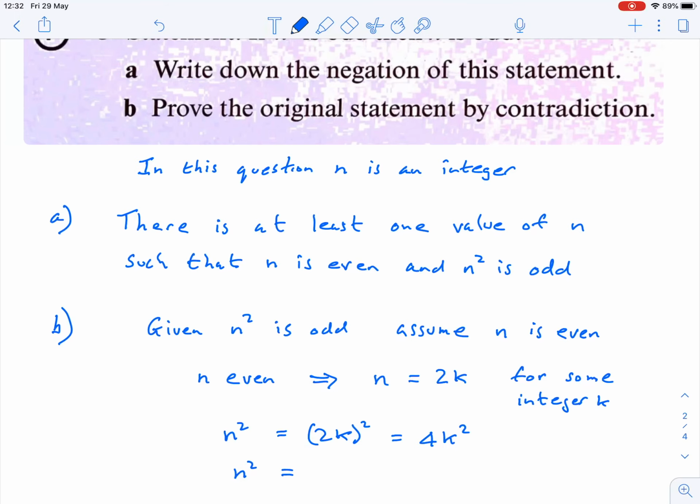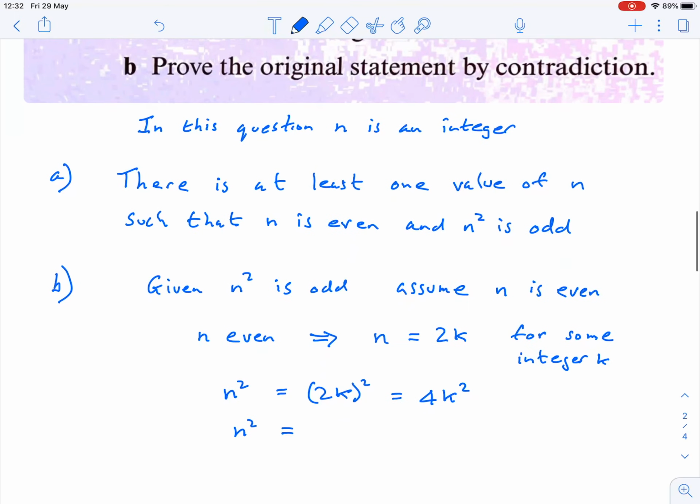But now I can take out a common factor of 2. I can say that's 2 times 2k squared. Now the crucial thing here is that the 2k squared is an integer. If k is an integer, and you square it, you get another integer. You multiply it by 2, it's still an integer. So what I've got here is n squared is 2 times an integer, which means that n squared is even.